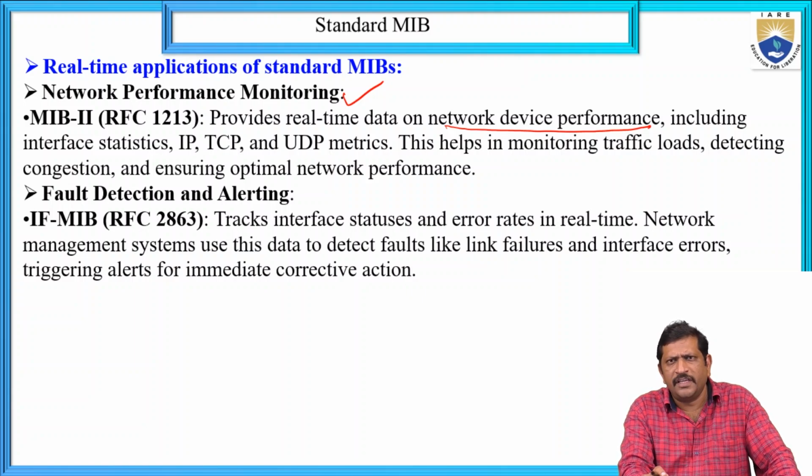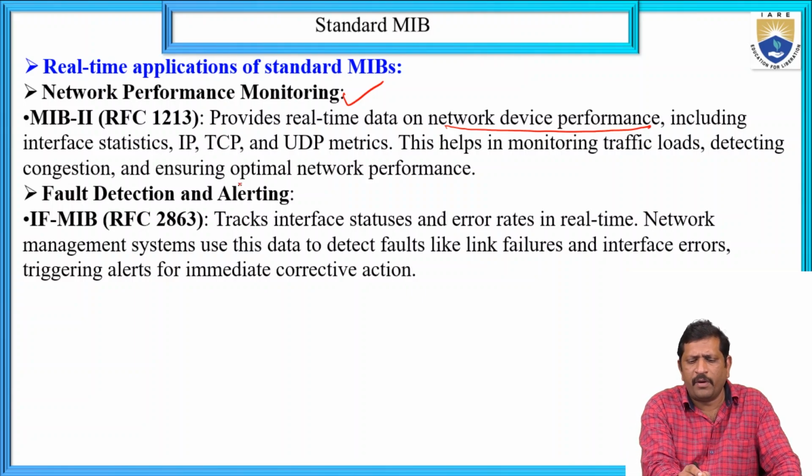These metrics help in monitoring traffic loads, detecting congestion, that means if packets are coming in the opposite direction, congestion can be detected, and ensuring optimal network performance.